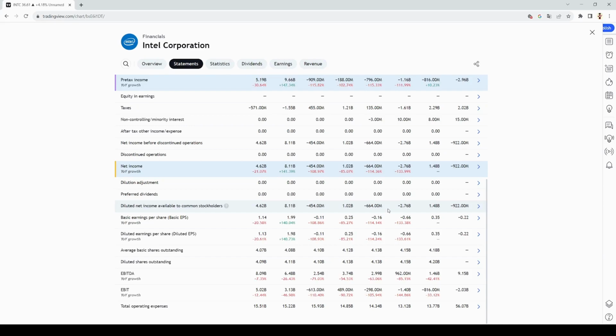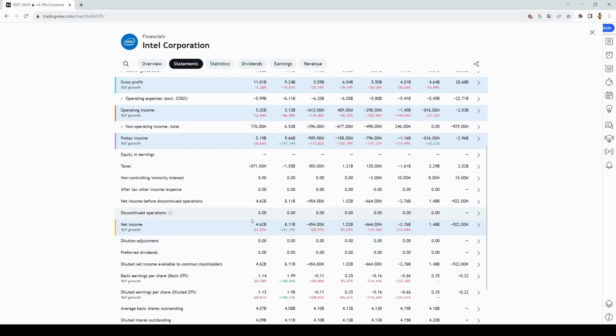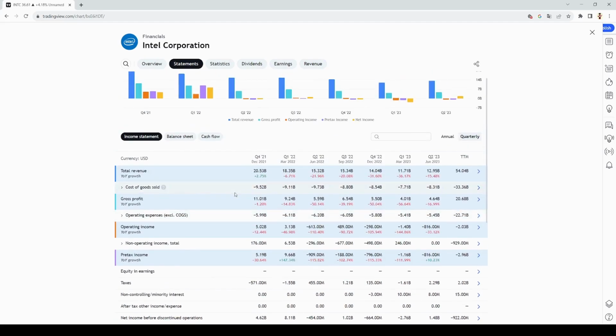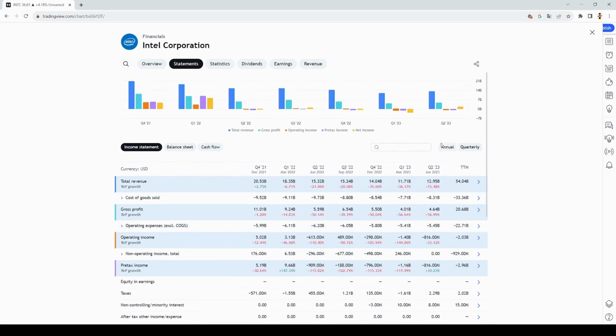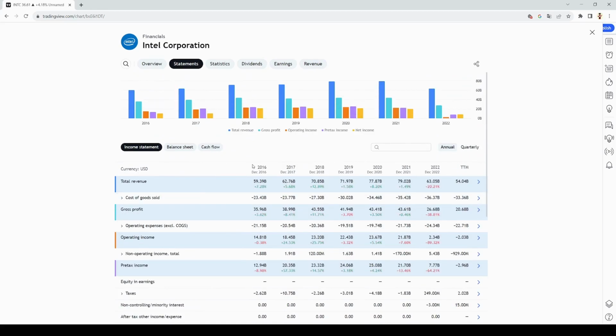As you can see, it has gone up since quarter 4 of 2021, quarter 1 of 2022, which is the time the shares were undervalued. It hasn't gone up that much, but it's still something you should look at, because we don't want to see that with an undervalued, low PE stock.